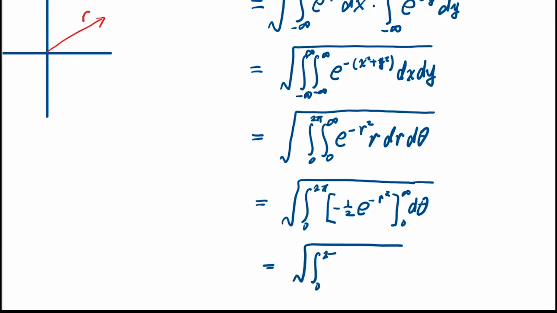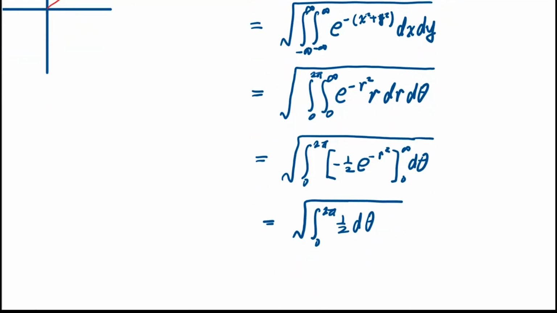So 0 to 2 pi, what do you have? If you put in infinity, e to the negative infinity power is 0, isn't it? So the only thing that survives is e to the 0, which is 1, with that 1/2. So we just got this, right?